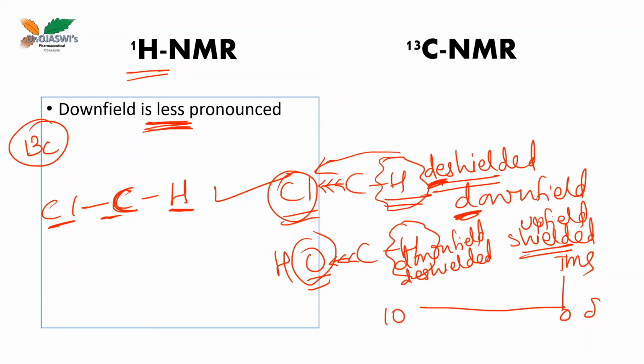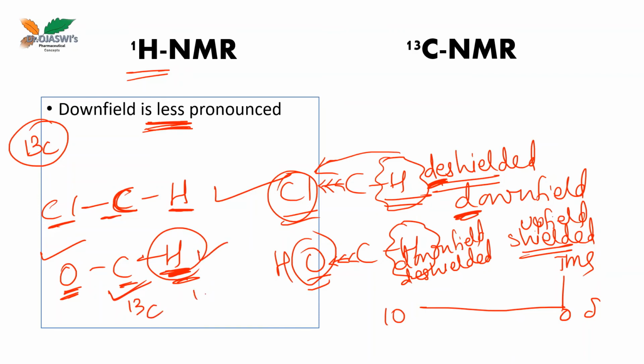Even in this example, I am talking about deshielding of this hydrogen because of the presence of this electronegative group, but this hydrogen is not directly attached to the oxygen. There is a carbon in between. Thus deshielding of the carbon will be more as compared to the deshielding, or downfield effect, of the hydrogen. Carbon I am studying in 13C NMR, H I am studying in 1H NMR.